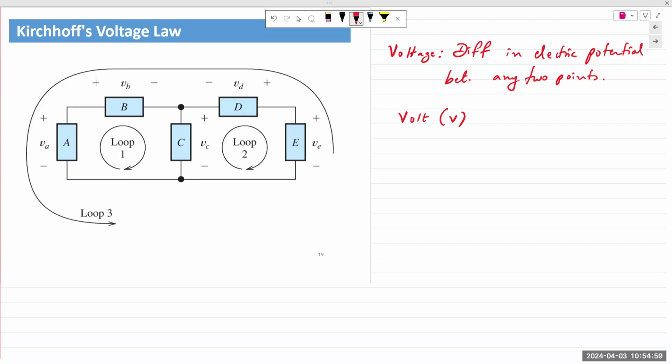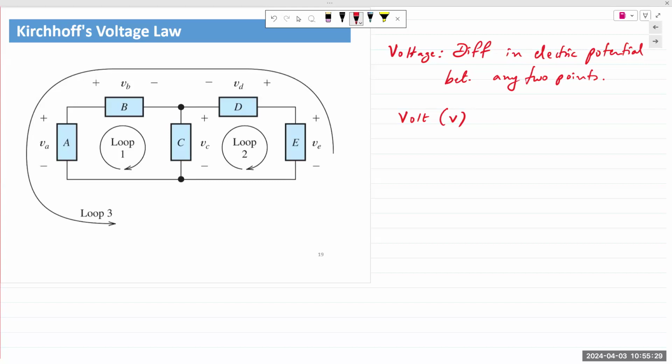Okay. So if I say that the surface of this table is ground, 0 volts as my reference, and I raise my right hand to a level of say 5, right? You would say that the difference in potential between my right hand and the surface of the table is 5 volts. If I raise my left hand to 5 volts, it would still be 0 to 5 volts, right?